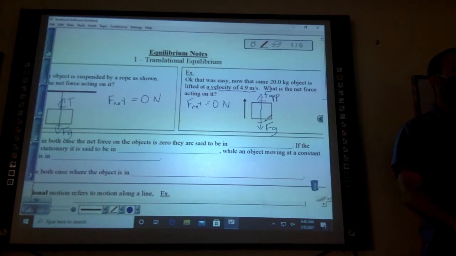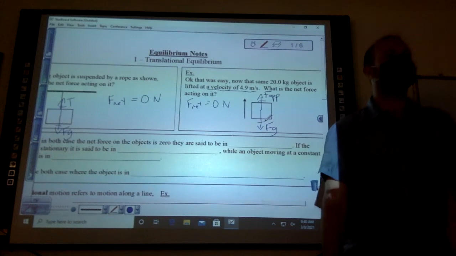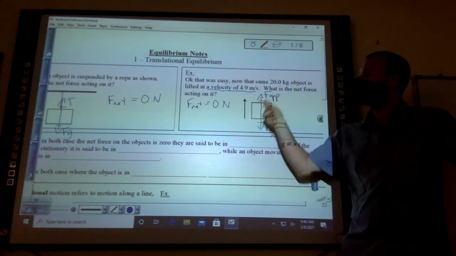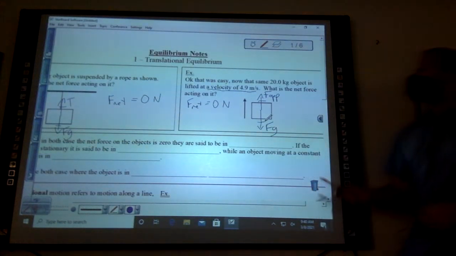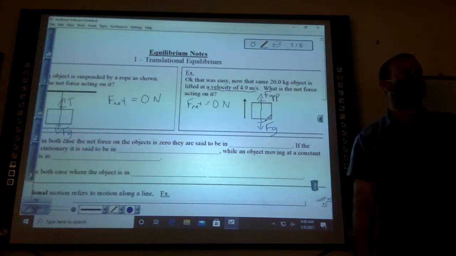Remember when we talked about an ice skater that's gliding on the ice, and the ice is frictionless, and we looked at what are the forces that are acting on this. There's no force applied, there's no friction, so it even looks like this. And the argument is, can you tell from the free body diagram if an object is moving?